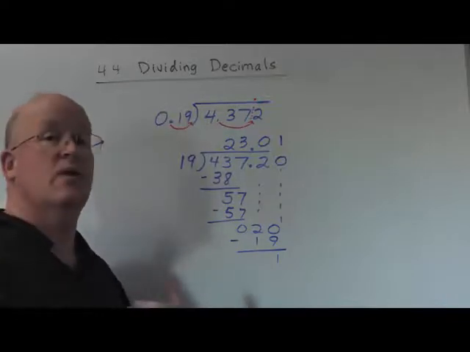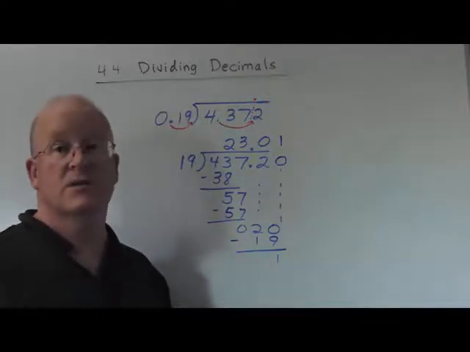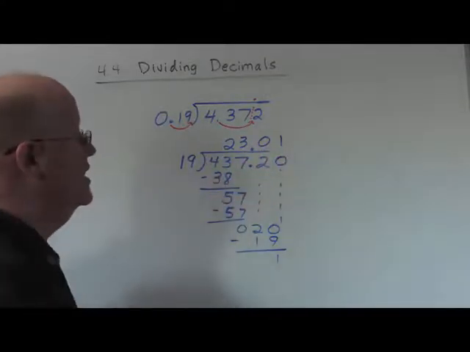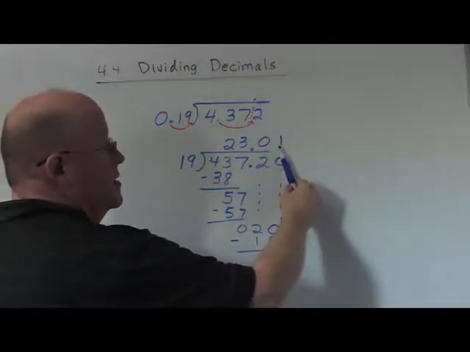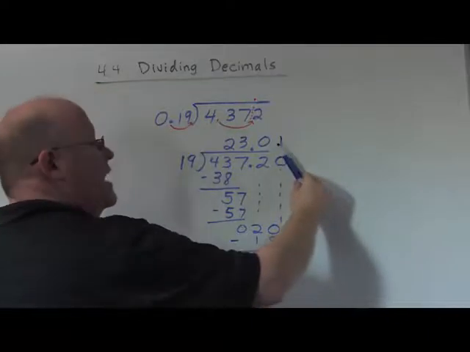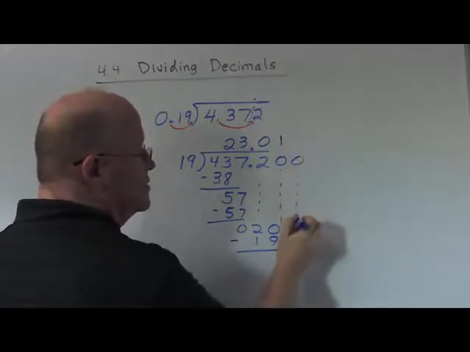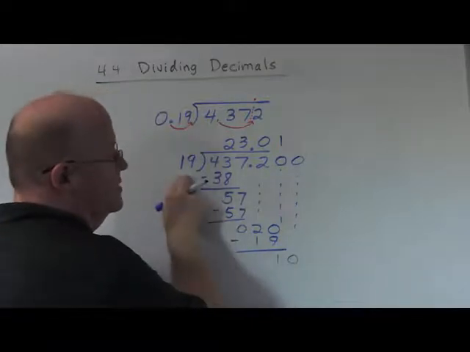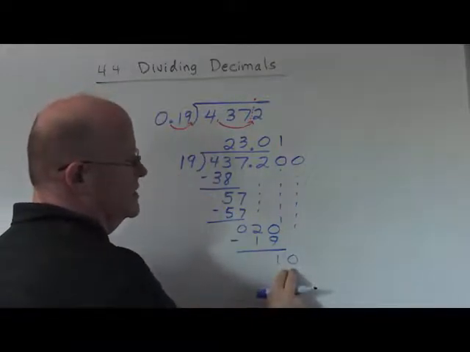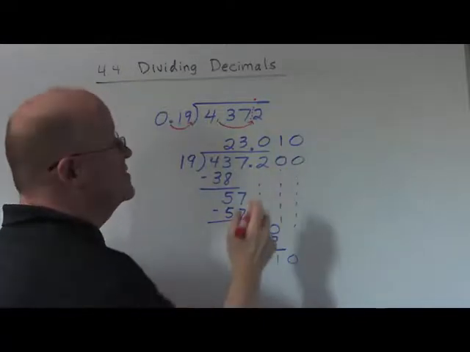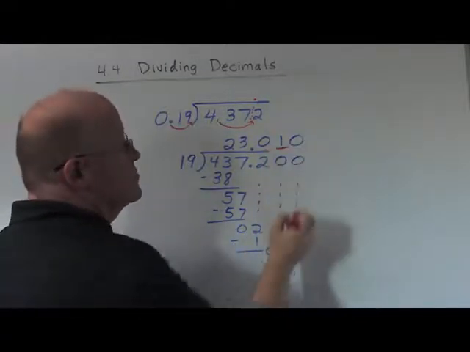If the problem says round your answer to the nearest hundredth, well, it looks like I'd have to go one more position. I have something in the hundredths column, but I have to have one digit after it to round to the nearest hundredth. So in this case, I would bring down another 0. 19 goes into 10. Uh-oh, no, it doesn't at all. So if rounded to the nearest hundredth, 1 is in the hundredths column.